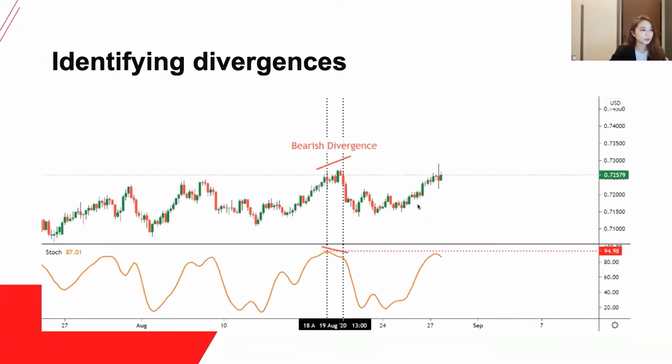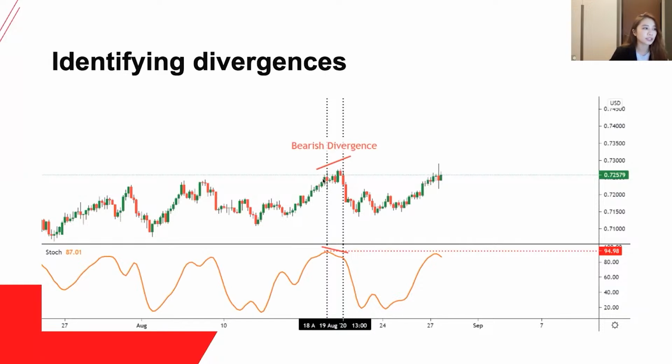So we can also see in this case how stochastic can identify divergence, right? In the first few slides, we did mention that stochastic is actually looking at pricing momentum. So you can see that in this case, it did reach the peak beforehand. However, there was a slight increase in the price point.